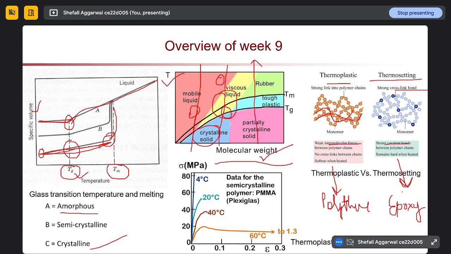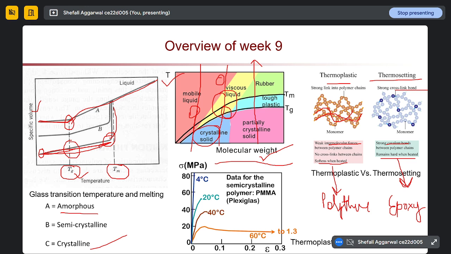It won't come back to its original position. And when we are heating it, a thermoplastic material will soften. However, a thermosetting material will remain hardened and will directly break. So this is the main difference between thermoplastic and thermosetting materials.